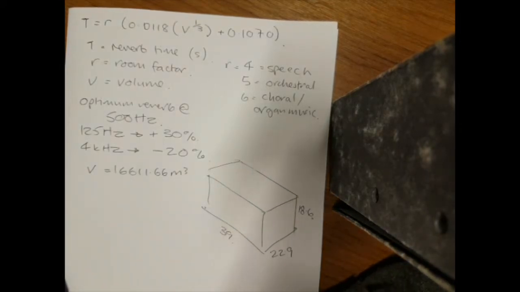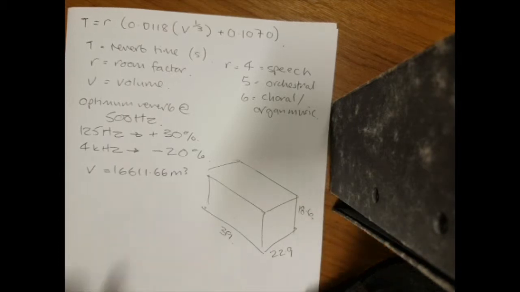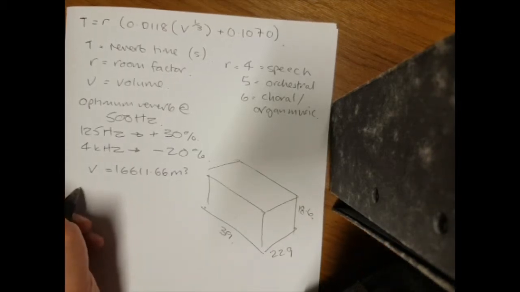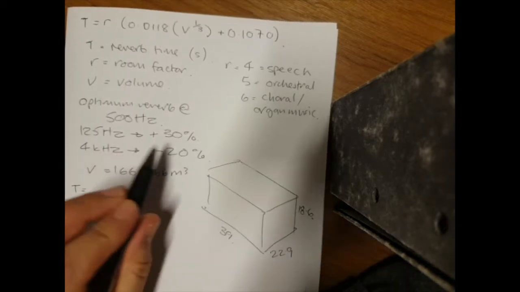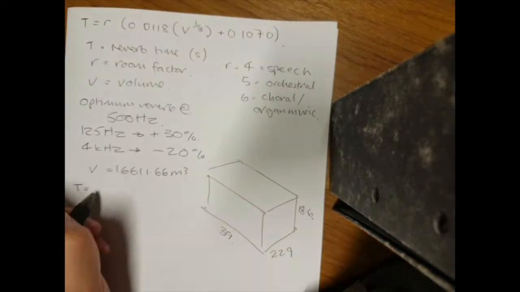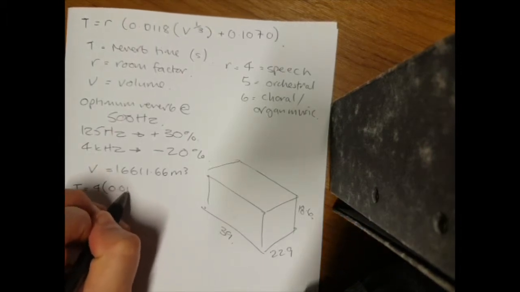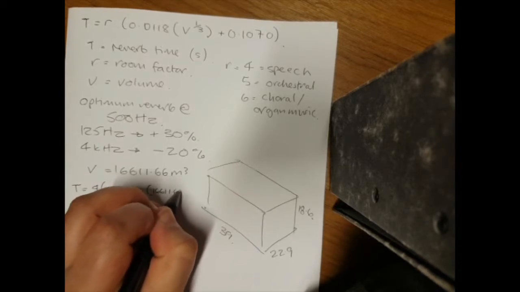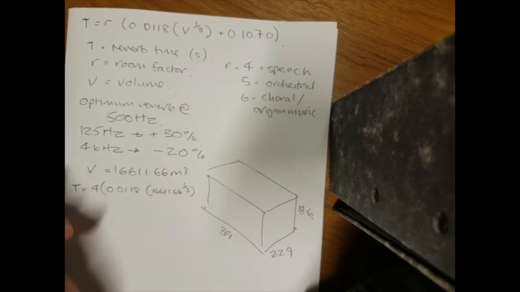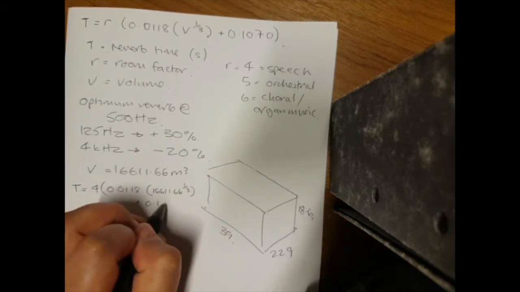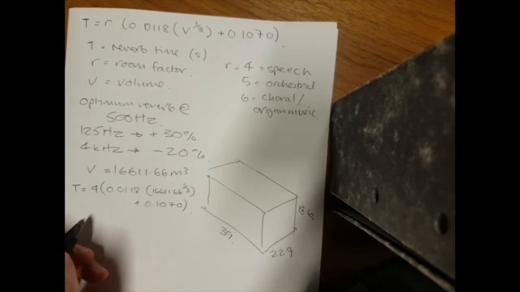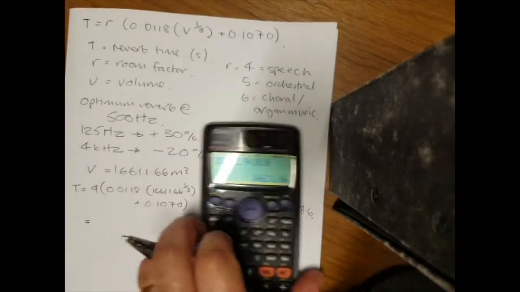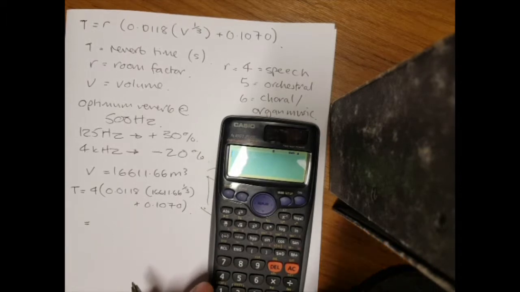Okay, so based on that, let's work out for speech what would be an optimum reverb time. So in order to do that, we can then go our T is equal to, our R in this case for speech will be 4, times 0.0118 times volume 16611.66 to a third plus 0.1070. Okay, so let's work that out. We should be able to do this in one go.